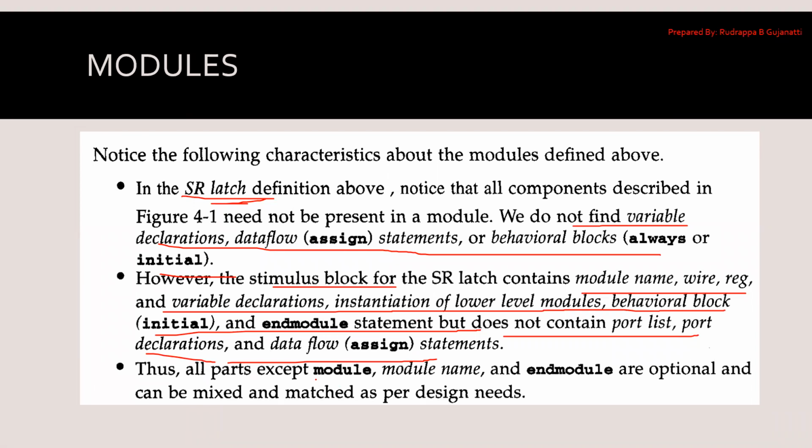We also saw that module, module name, and end module are not optional. All parts except these are optional. We can have a mixture of the other stuff. These three are a must. If you don't provide them, then I cannot tell that it is a module.